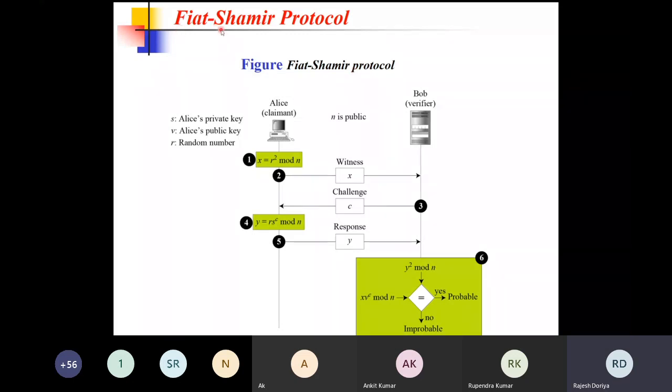So this is called the Fiat-Shamir protocol, which makes use of public key and private key. Of course, some values are assumed and some values are exchanged. Since we already discussed the Diffie-Hellman protocol, I am not going to discuss this one in detail. This is pretty similar to that one.